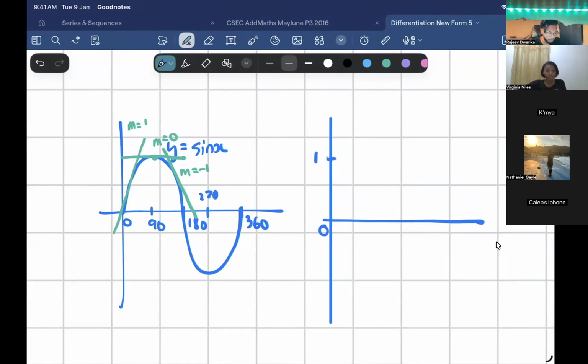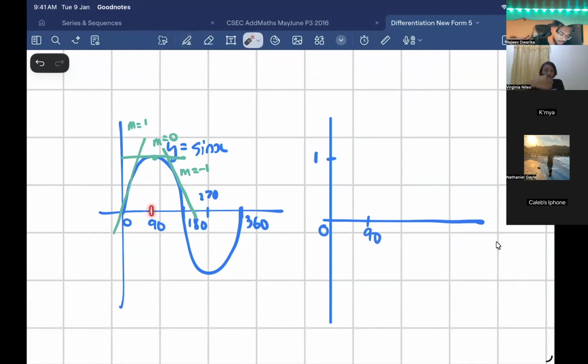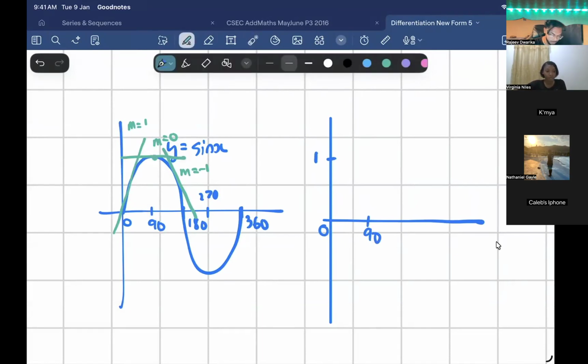So we start off at 1, and then at 90, what was the gradient? 0. Then at 180, what was the gradient? Minus 1. What graph is it looking like?